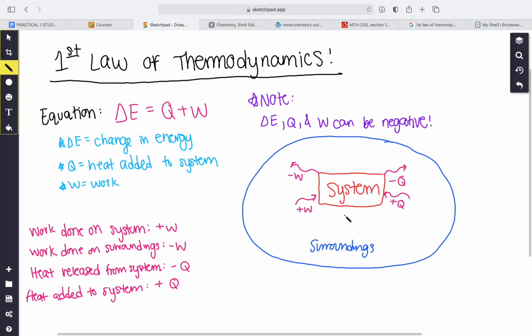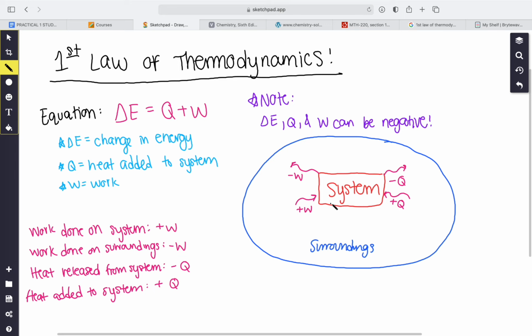So say you have the system trapped in a vacuum, and you could say you're adding pressure into the system. If you're adding a bunch of pressure, the surroundings, the air particles, are doing work on the system. Sometimes it'll be so strong it even crushes the system.